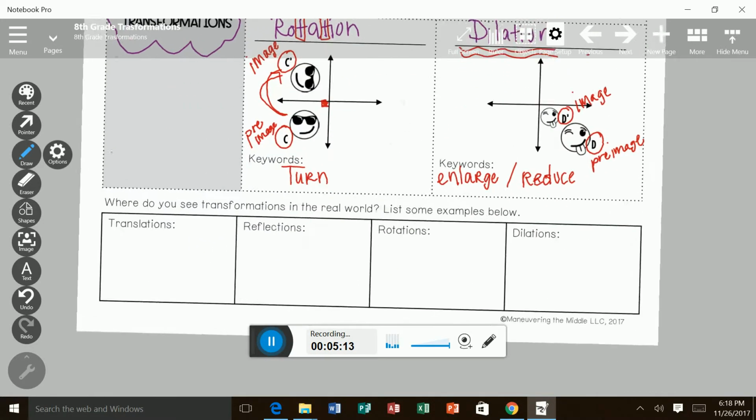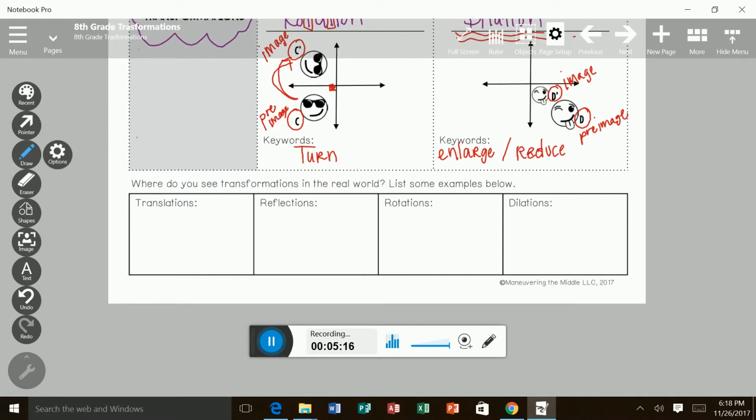Okay, so here's where we might see some transformations. A translation, which is the slide, that can be like a conveyor belt in a factory.